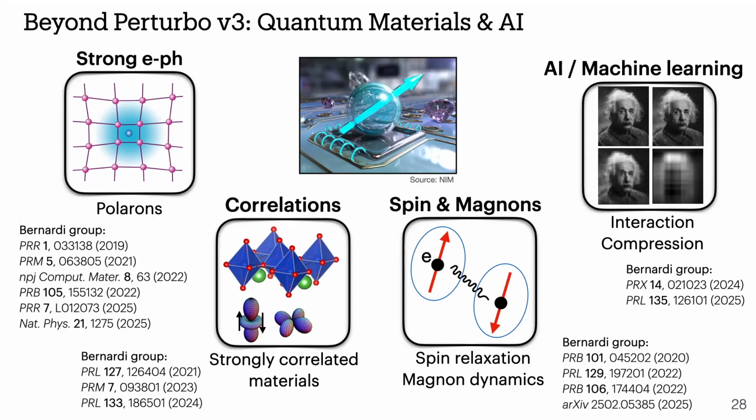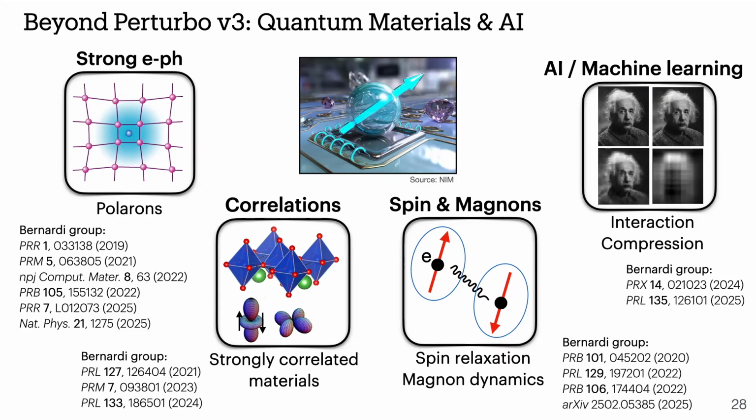We've done extensive work on strong electron-phonon interactions and polarons, and some of those methods will find their way into future versions of Perturbo. For strongly correlated materials, this will be discussed later in the workshop, but now we can interface our methods not just with density functional theory plus U, but also with spectral functions computed from dynamical mean field theory.